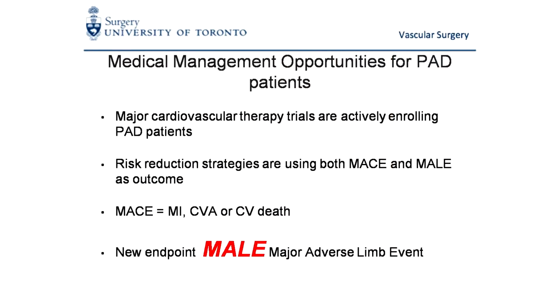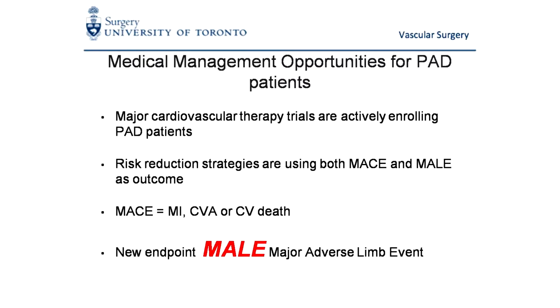So the second thing I'm supposed to talk about after diagnosis is really medical management opportunities for patients with PAD. Now, if your patient is a diabetic, it stands to reason they need treatment for their diabetes, but the fact of the matter is that these patients usually have major cardiovascular comorbidities as well.